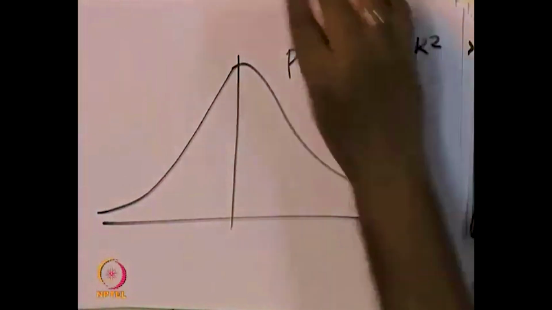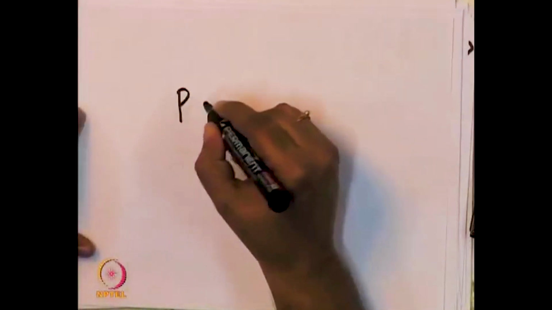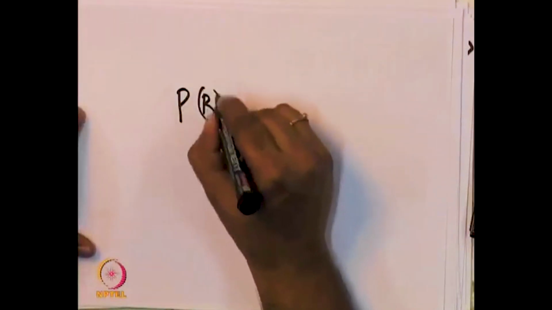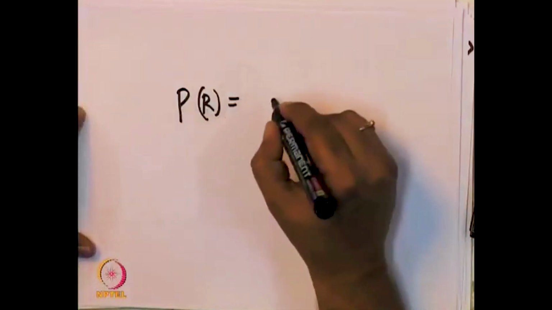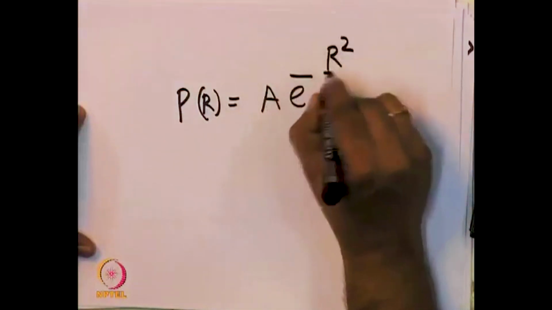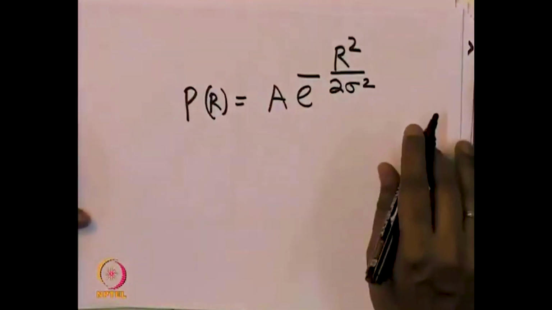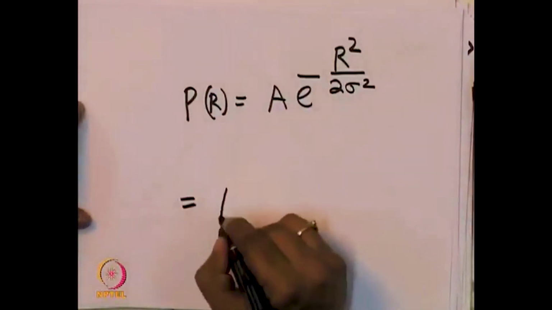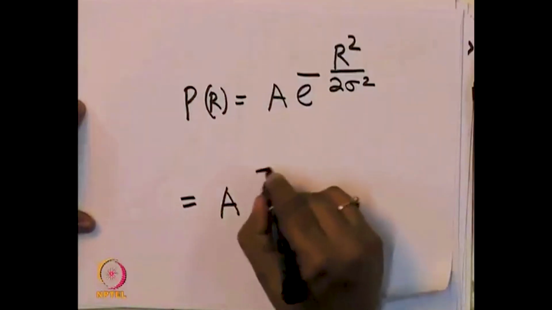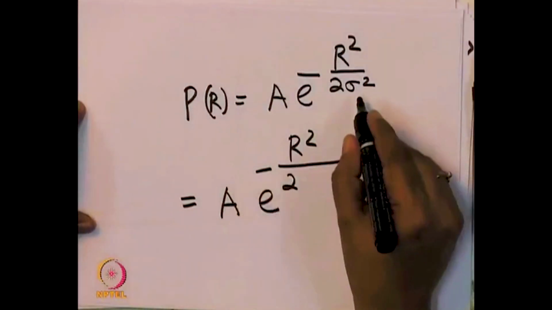If we know the standard deviation and the average, then P of r has to be a e power minus r square by 2 sigma square. That is what we learned. So, this would mean that the distribution is a e power minus r square by 2 sigma square.